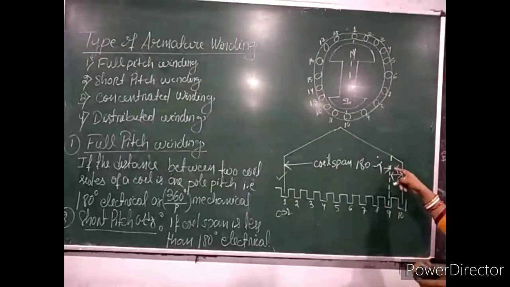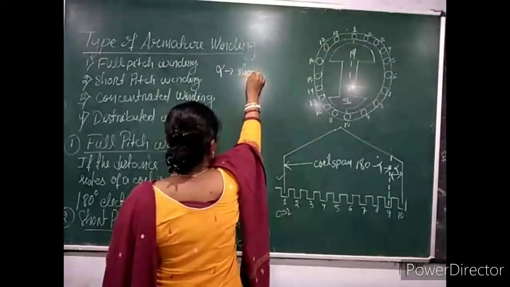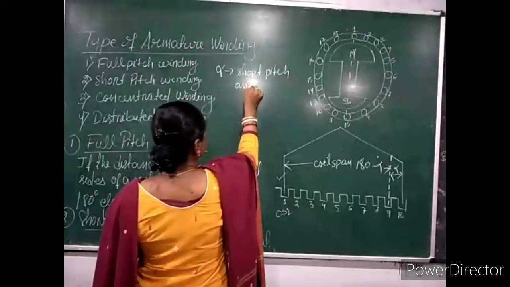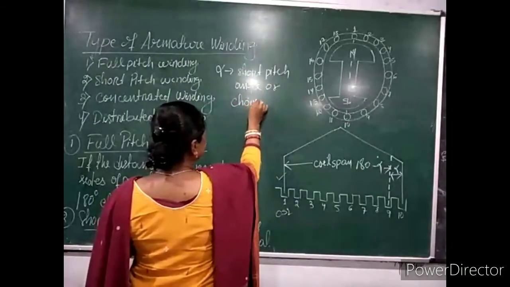Here alpha is called the short pitch angle or chording angle.